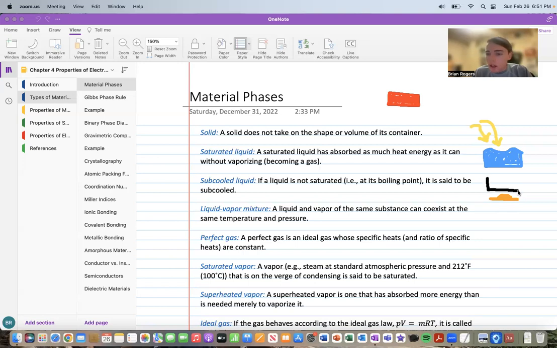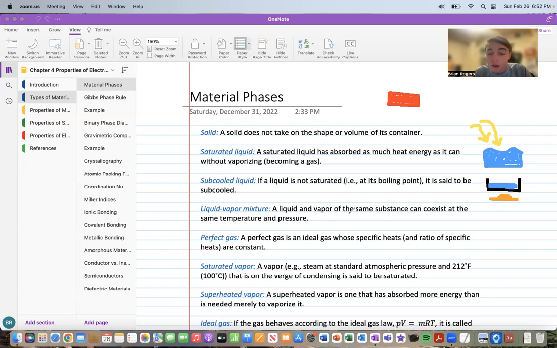Right now the pot has water in it, but the water is not bubbling. So we would call this a subcooled liquid because it's not at its boiling point. It's there, but there's no bubbles. We don't see anything yet.